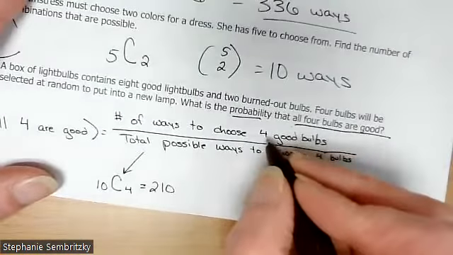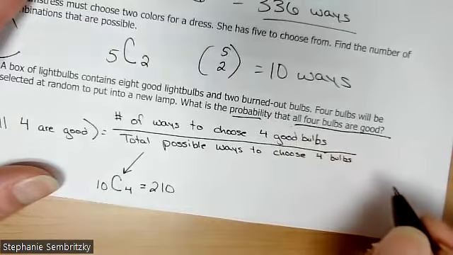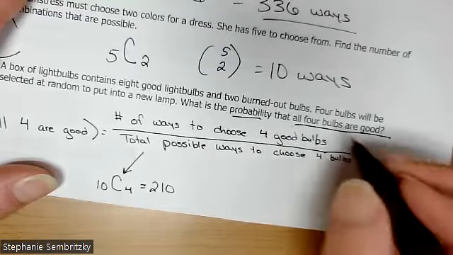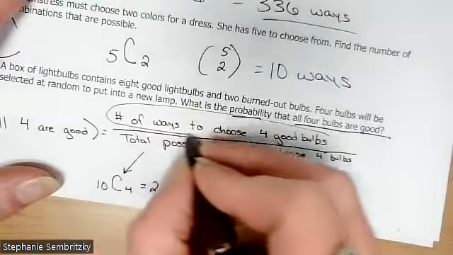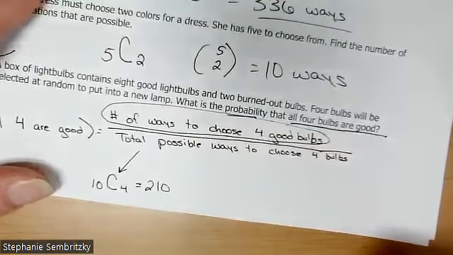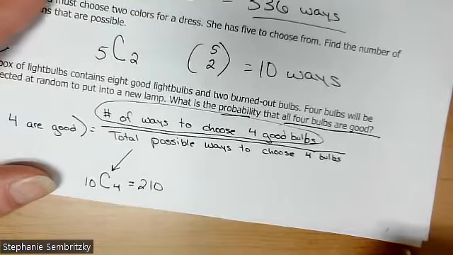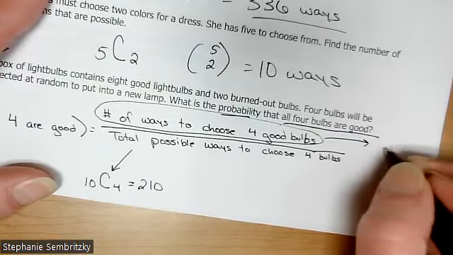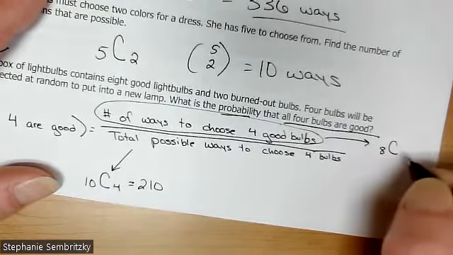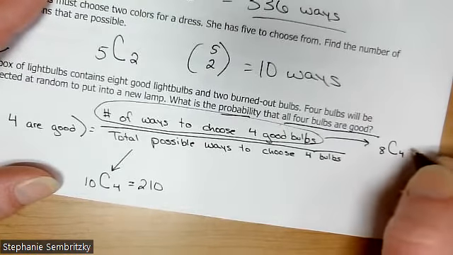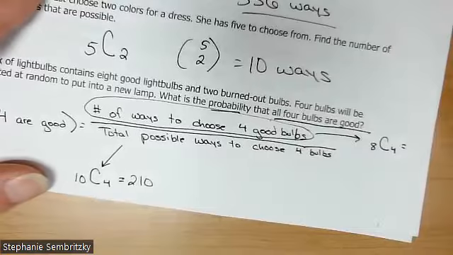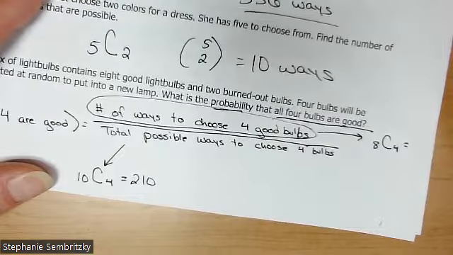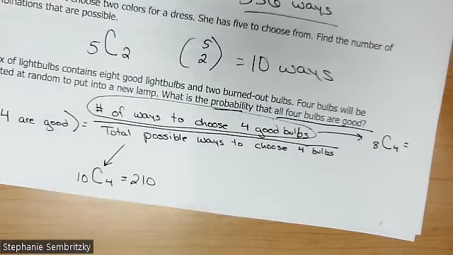Now let's look at the number of ways to choose 4 good bulbs. How many good bulbs are there? And we're choosing how many? So the numerator is going to be 8, choose 4. Out of those 8 good ones, we could pick these two, or these four, I don't know.